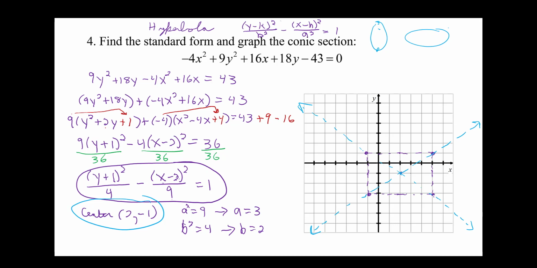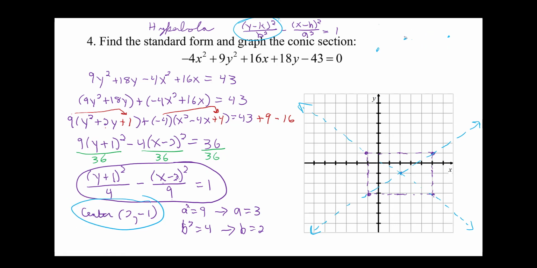If it's longer in the horizontal direction, your vertices will be left and right. That doesn't quite work with hyperbolas. So what we need to do with hyperbolas is look at whether y or x comes first. And if y comes first, like it does here, then our hyperbola is going to open up and down.